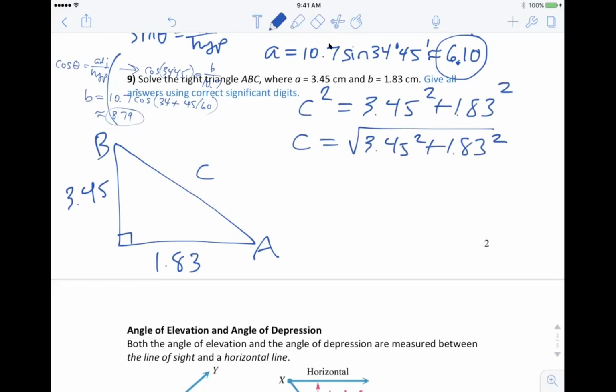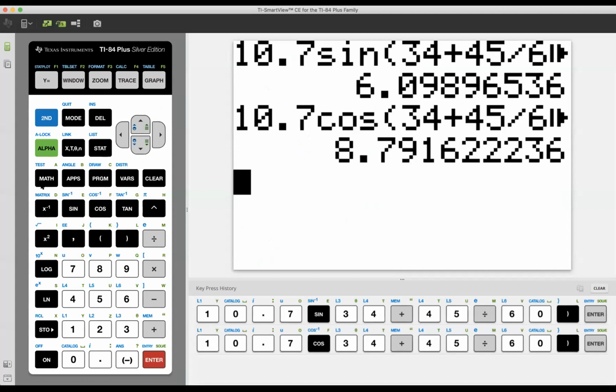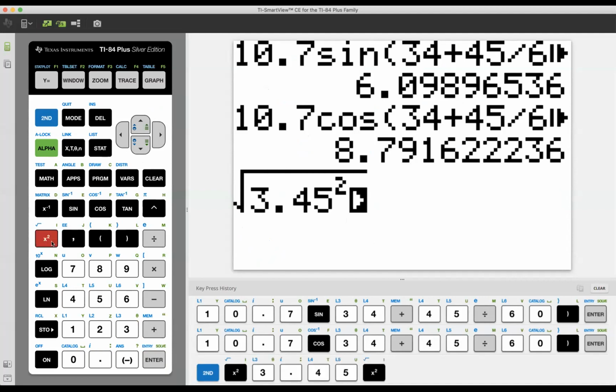Okay, so let's see what that calculates out to be. Get my calculator out. So I would do it just all at once, square root, and then 3.45 squared plus 1.83 squared.